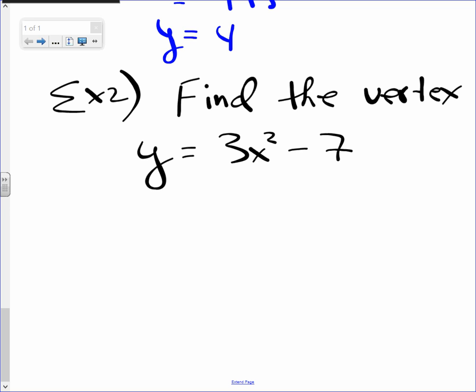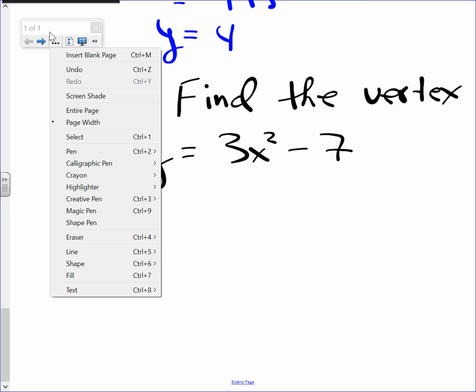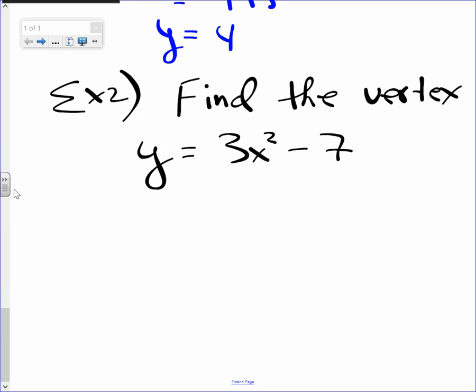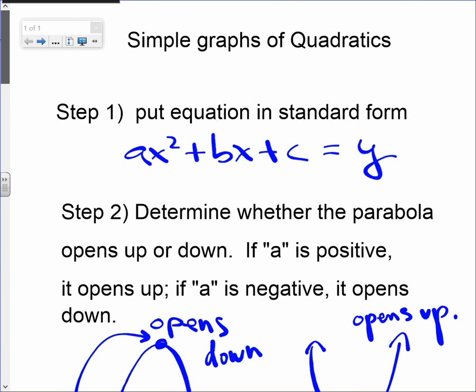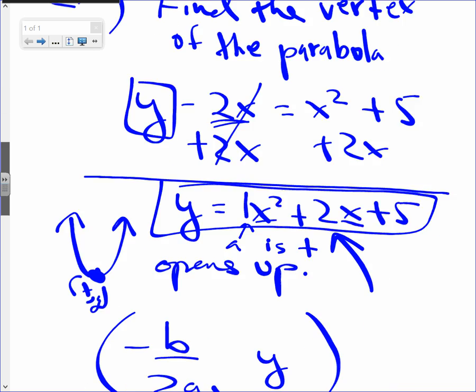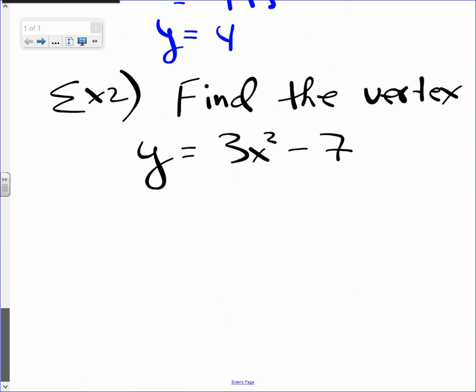Here we go. Standard form, let me compare it. That's step 1, right? Standard form is ax squared plus bx plus c. Is y by itself here? Yeah, we're good. So here's our a. I don't see a bx.